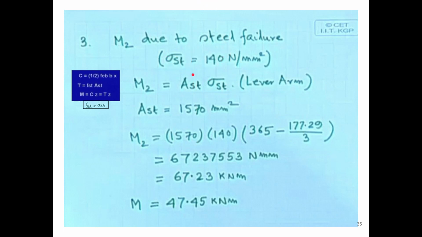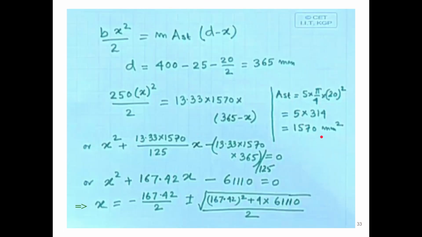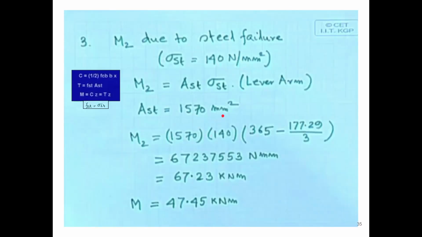AST, as we calculated, is 1570 mm square. We know all the values. So M2 equals 1570 into 140 into 365 minus 177.29 by 3, which comes out to be 67.23 kilonewton meter.